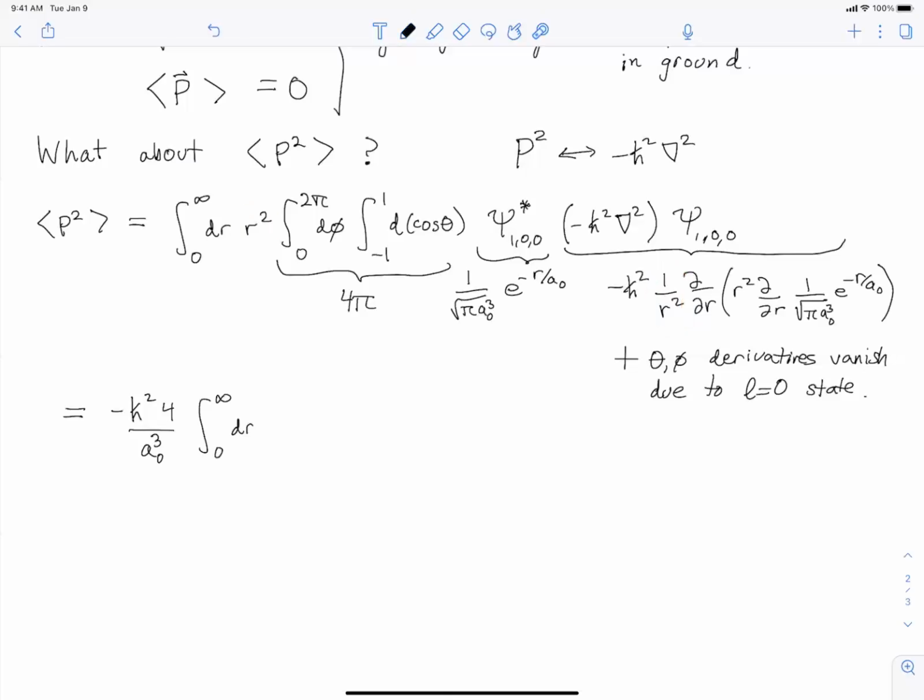And then what's going to happen is we have d by dr, r squared, d by dr, e to the minus r over a0. Oops, and then I forgot this. This has another factor of e to the minus r over a0. So I should put that in here.